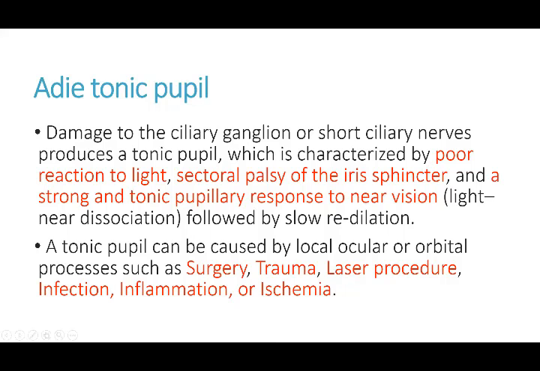This is called light near dissociation. A tonic pupil can be caused by local ocular or orbital processes such as surgery, trauma, lasers, infection, inflammation, or ischemia. So there is poor reaction to light, but a brisk reaction to near vision.